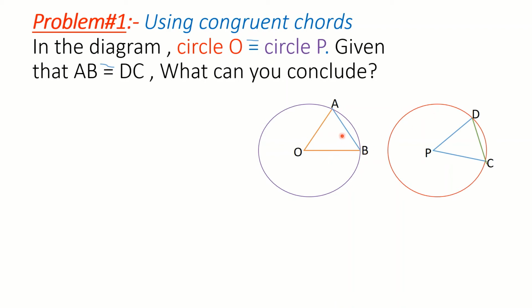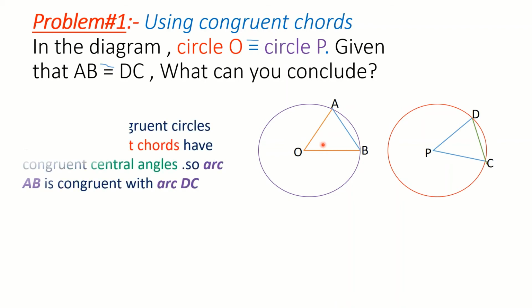We said if the chord of one circle is congruent to the chord of the other circle, then their central angles must be congruent to each other, which means within congruent circles, congruent chords have congruent central angles.